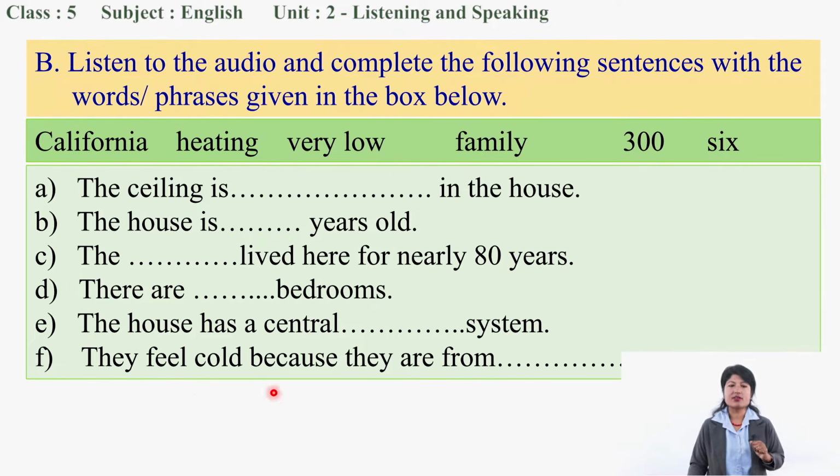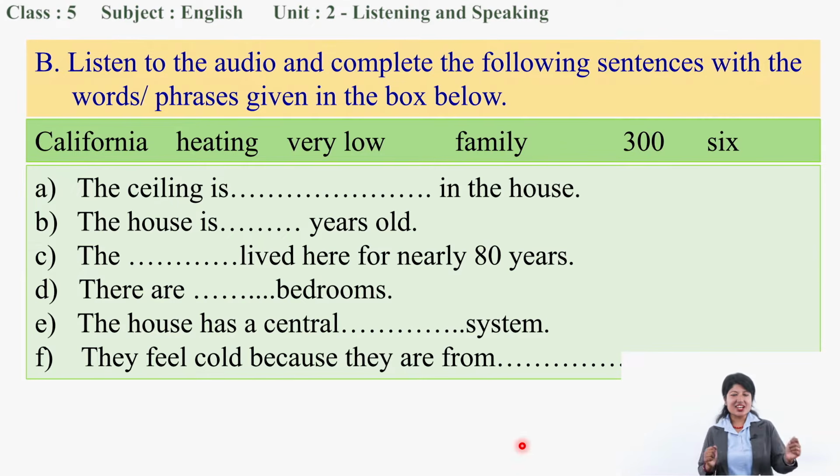You can find it out. And then they feel cold because they are from blank. The people are from where? A place name is required. I am going to play the audio for the second time, and you are to find out all the answers of these questions. Fill in the blanks. Are you all ready?